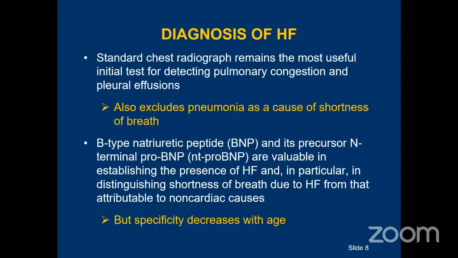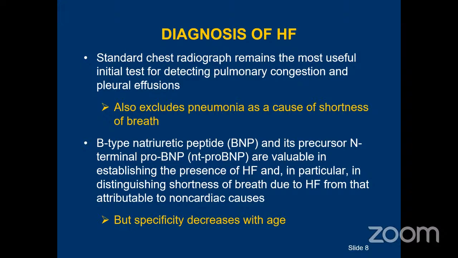Coming to the diagnosis of heart failure, whenever a patient comes in with shortness of breath, the first test we do in the hospital is a chest X-ray. A standard chest X-ray remains the most useful initial test for detecting pulmonary congestion and pleural effusion. It can also exclude pneumonia as a cause of shortness of breath in that patient. B-type natriuretic peptide and its precursor N-terminal pro-BNP are valuable in establishing the presence of heart failure, and in particular in distinguishing shortness of breath due to heart failure from that attributable to non-cardiac causes.